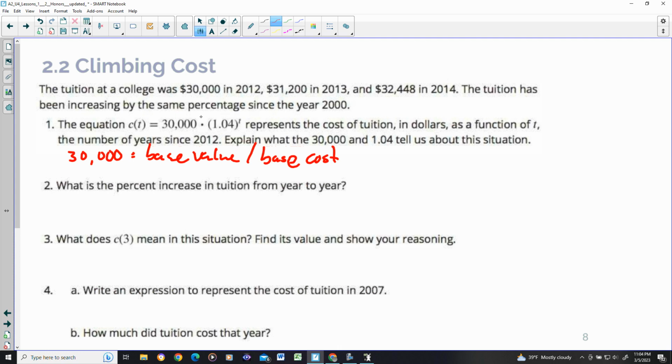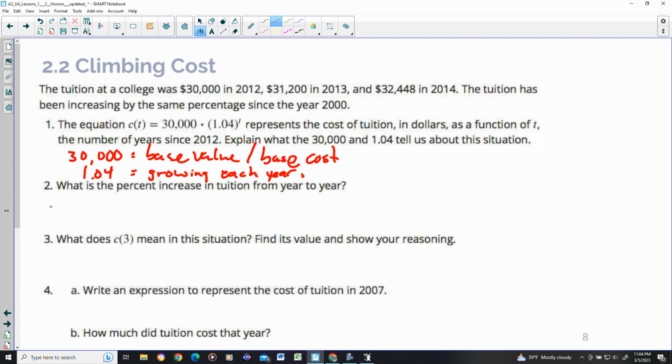We talked about the growth factors at the beginning. So 1.04 represents the fact that it's growing each year. And so the question then is, how much is it growing by? Well, look at the difference. So it's growing from 30,000 to 31,200. So it's a growth of $1,200, right?